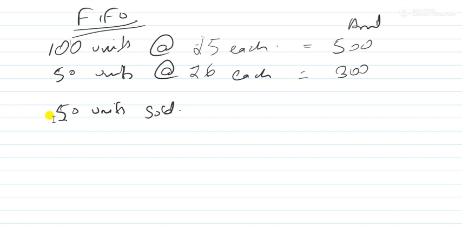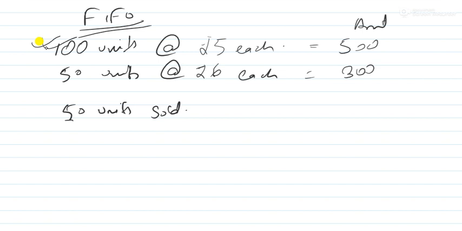I'm repeating it again. 100 units purchased for 5 rupees each, 50 units purchased for 6 rupees each. Now they told that 50 units have been sold. Now they have not told me the rate of selling. Now I will assume that these 50 units are sold from this 100.